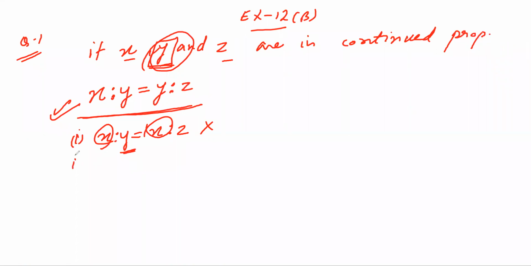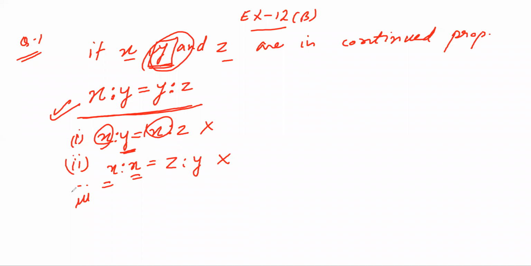Now let us see the second option: x ratio x is equal to z ratio y. This is also not the correct option because here we are again repeating x, and x is not a middle term, so it should not be repeated.